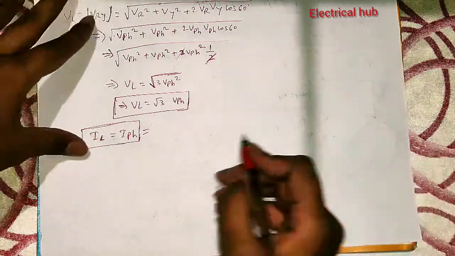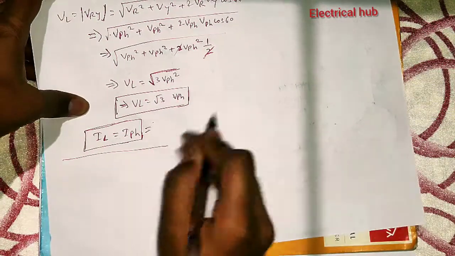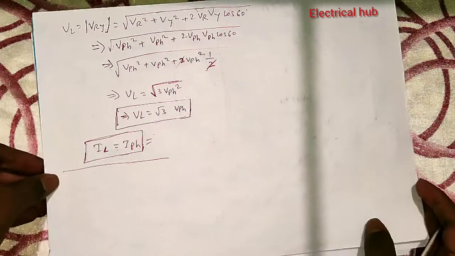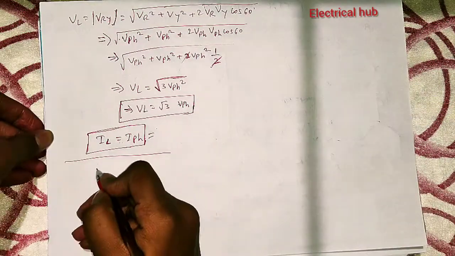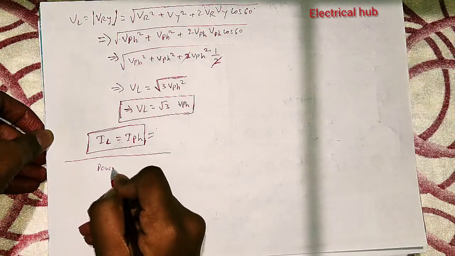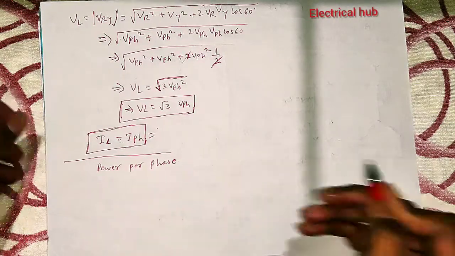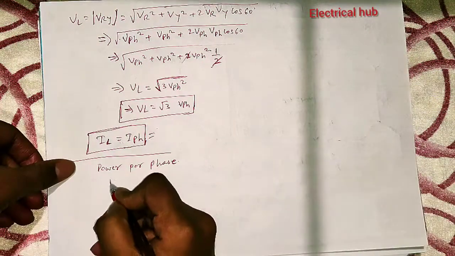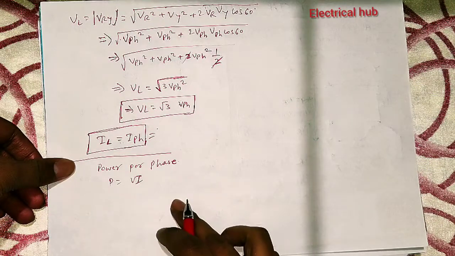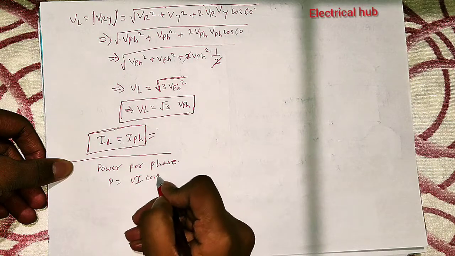Now if we have to take out the value of power per phase, if the question asks to find the value of power per phase, which is asked in many numerical questions also, then the formula will be as follows. As you have studied in class 10th as well as class 12th, power is equal to VI, but this is a 3-phase connection, so there will be some angle also, which will become VI cos phi.